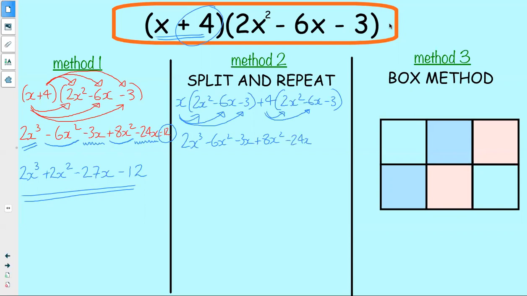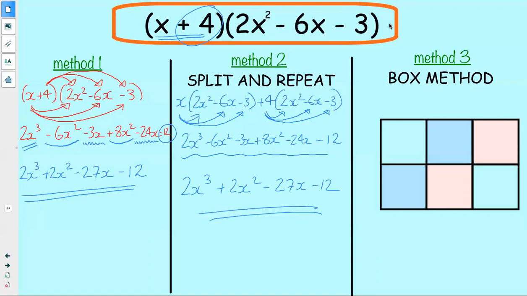And 4 multiplied by -3 is -12. Now you can see if you compare that to method 1, all of this is the exact same. So it's going to simplify to give you 2x cubed, add 2x squared, subtract 27x, subtract 12.